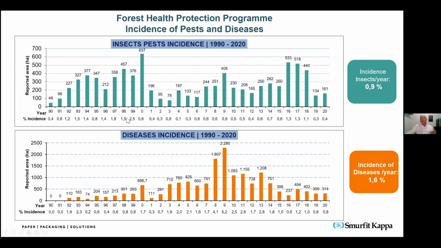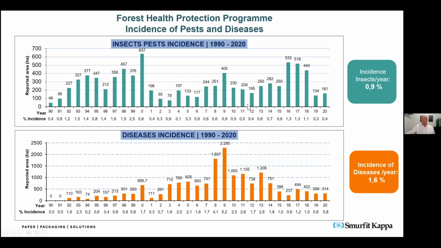It gives us a percentage incidence per year. But having an average of 33 years, we have only 0.9% of infestation by insects in our company.